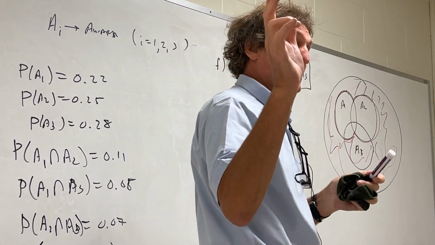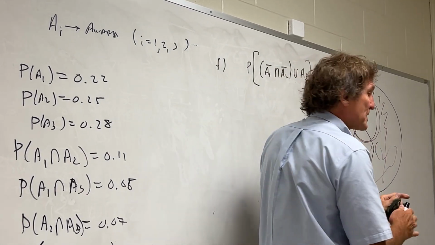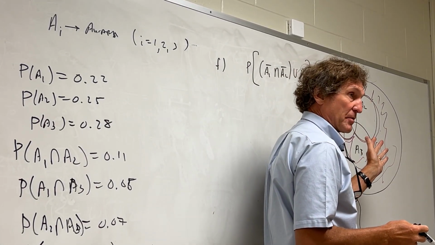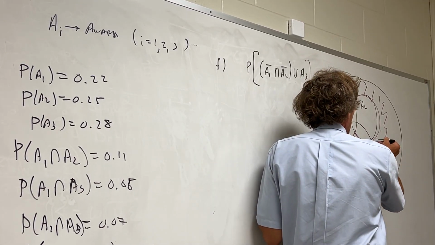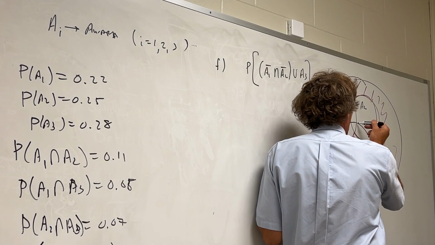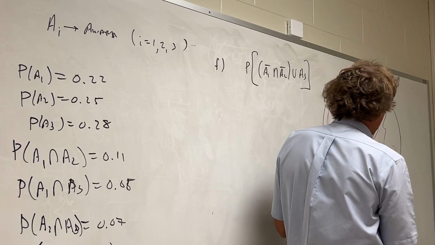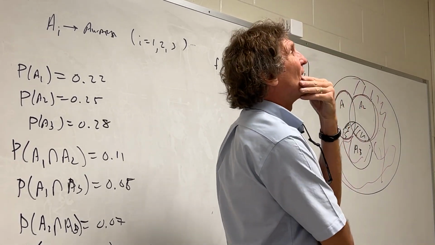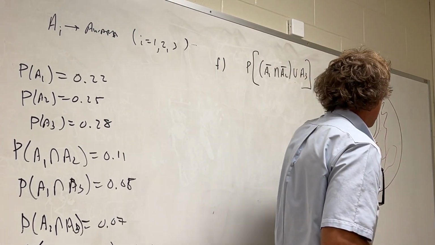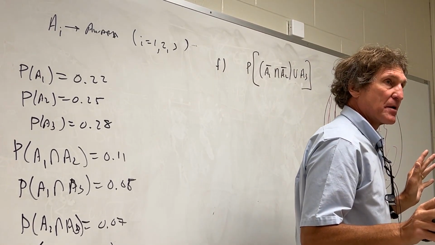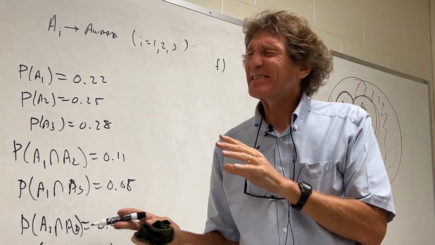Just follow me on this, guys. What's left? It's all this area, which we can get. Do you agree with that? And then all of A3, which is this additional area right here. It's all that area plus this area. Please take a look at this one.